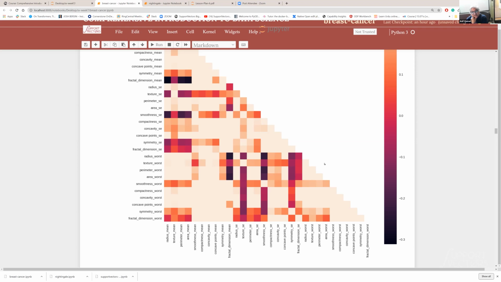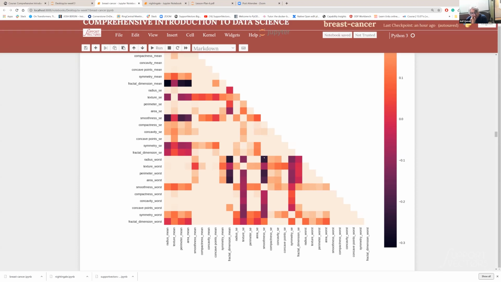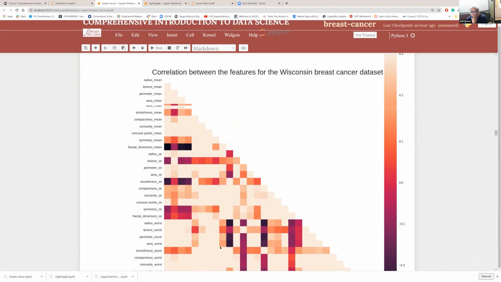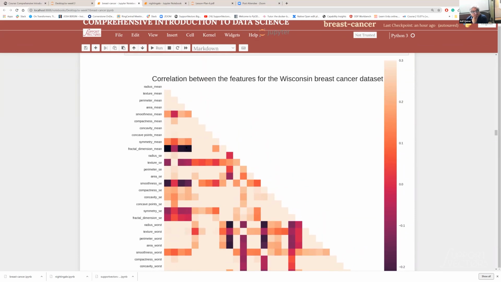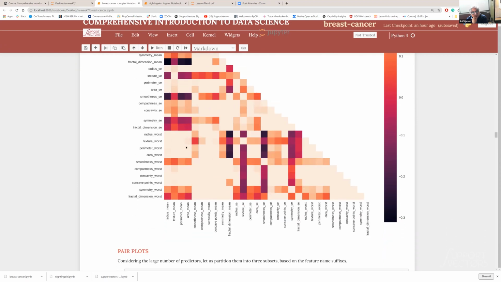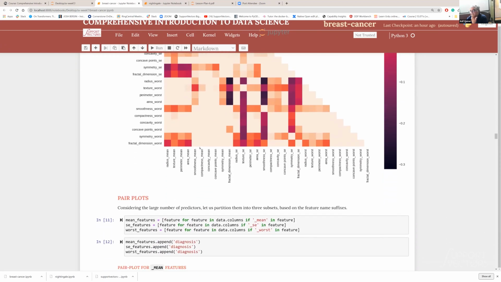Basically it means that if radius worst increases, smoothness decreases. If you leave the worst part aside and look at only the mean part, then there is a strong one. Fractal dimension mean is strongly negatively correlated with area mean, which again makes sense, right?